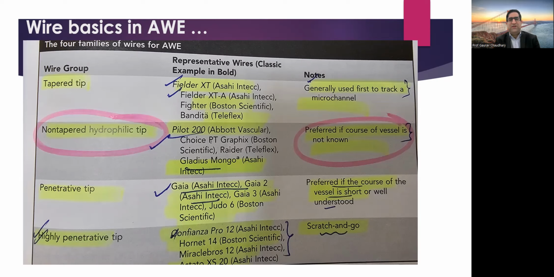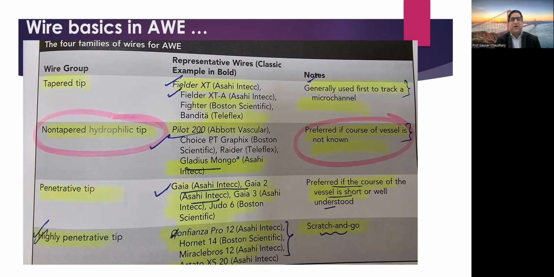And once we can see that the vessel course is well understood, then a penetrative tip wire, that is Gaia wire, Gaia 2, Gaia 3, 0 to 6. So these are the wires which have a penetrative tip and can be used to penetrate. And if we have a very calcified short segment, then of course a highly penetrative tip, that is Confianza Pro or Conquest Pro wires 12, 18. Or many times they're also used for a scratch and go technique when there's a proximal cap ambiguity.